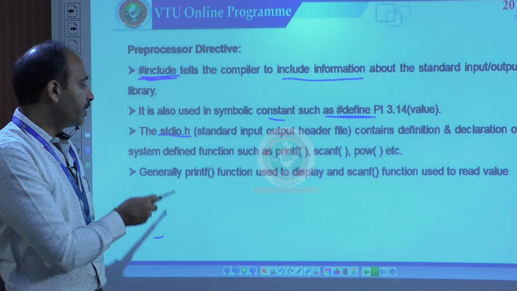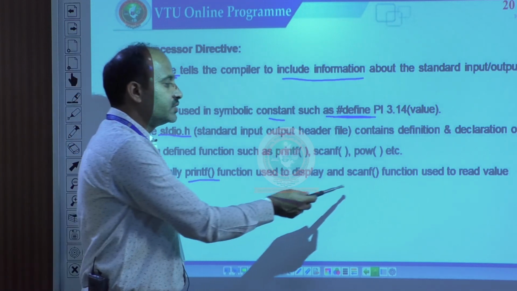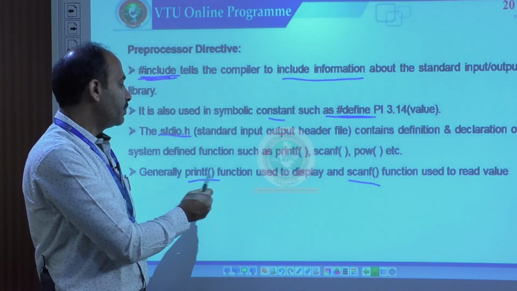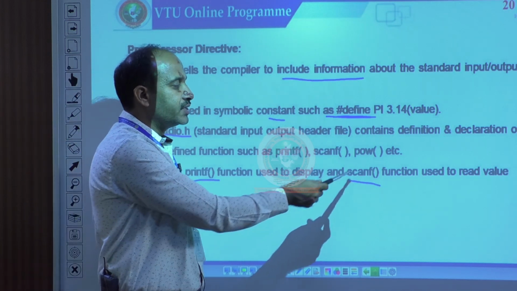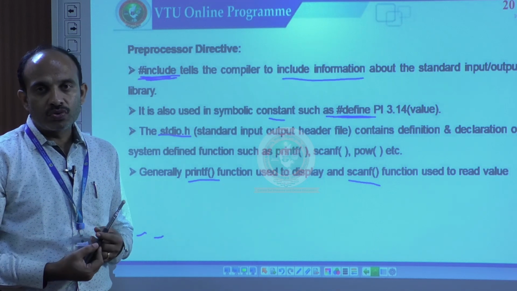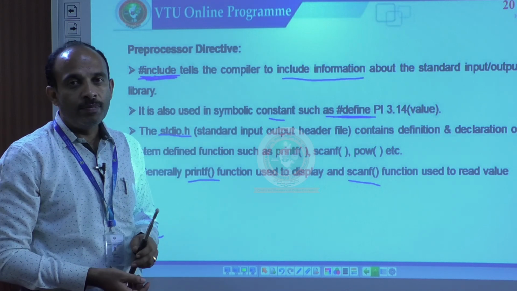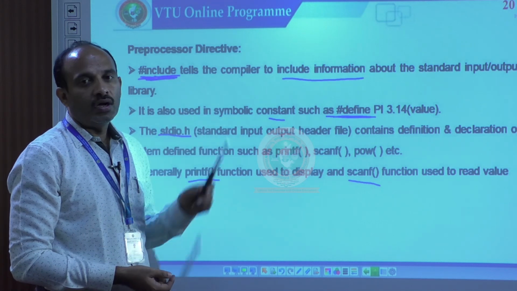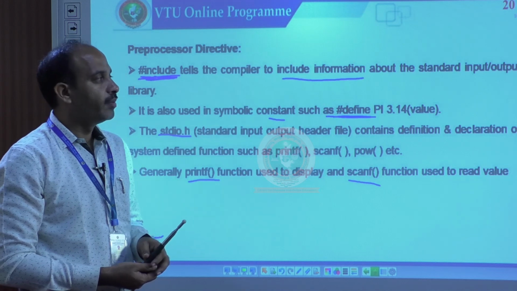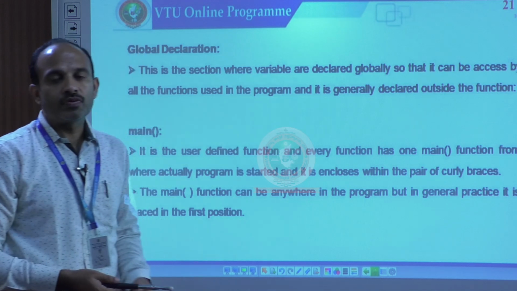In C programming, printf is used for output and scanf is used for input. The printf function is used to display, the scanf function is used to read the value. So whenever you want to use these input output statements, you primarily need to include the IO libraries into your code. That is the job of the preprocessor directive.